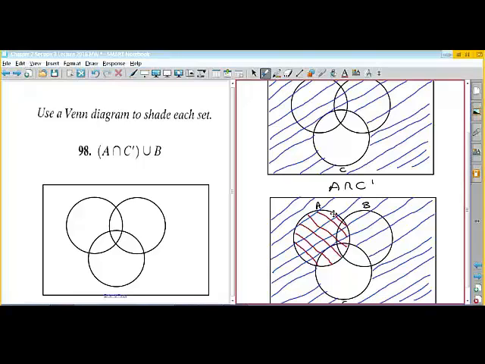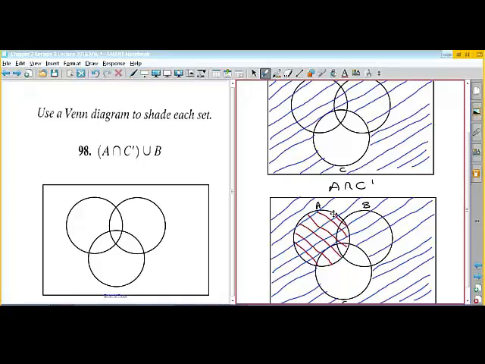So common means I have both colors together. So this operation intersection, I look for places where there's blue and red. So here I have just red, so that's not included. Here I just have blue, so that's not included. Here I have blue and red.